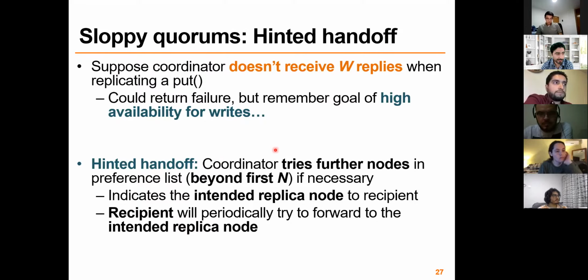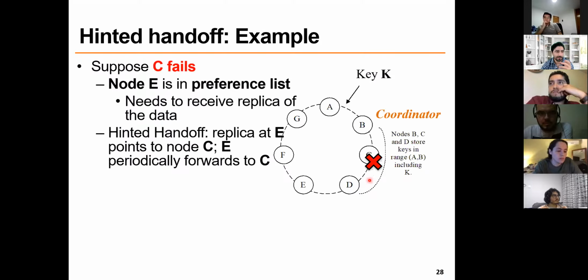Let me describe it a little more. The coordinator tries further nodes, not those 2 nodes from the preference list. It tries other nodes that are not in the preference list to do the put operation if necessary, and indicates the intended replica nodes to the recipients. As in the figure, you're supposed to do the write operation here, but you cannot because it failed.